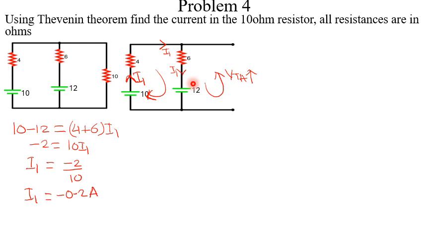We are moving from a higher potential to a lower potential, so the 12 becomes negative.